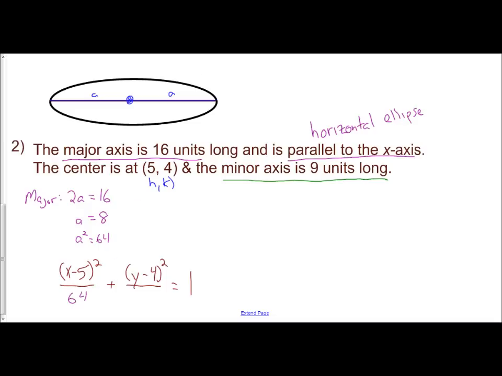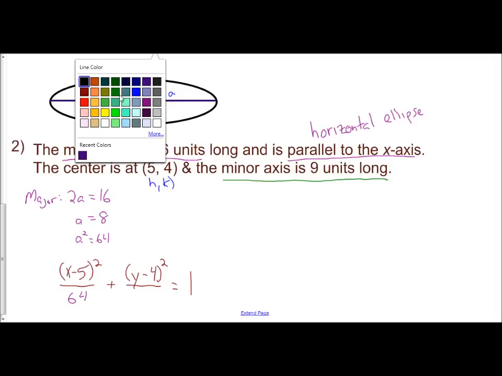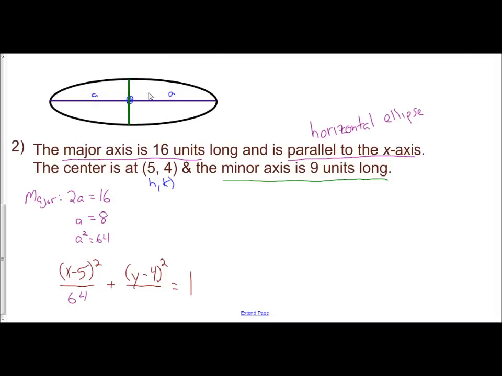The other piece of information that's given to me is the minor axis. And remember, the minor axis goes from vertex to vertex. Here, it's going to be based off of the vertical. That distance is going to be from center to the vertex B units, and then the other direction is center to the vertex B units.